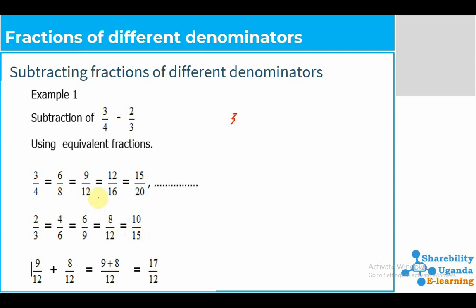So here we shall look at the equivalent fractions which have common denominators. Let's have a look here. We have 8, 12, 16, 20. We have 6, 9, 12, 15. When you look at these denominators, we have a common denominator here, which is 12 and 12.